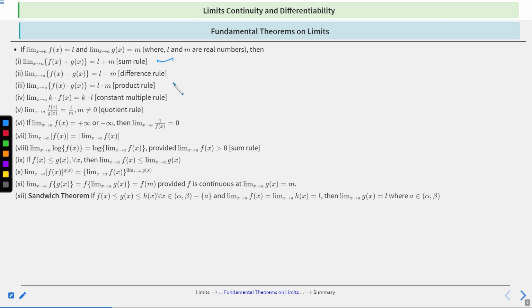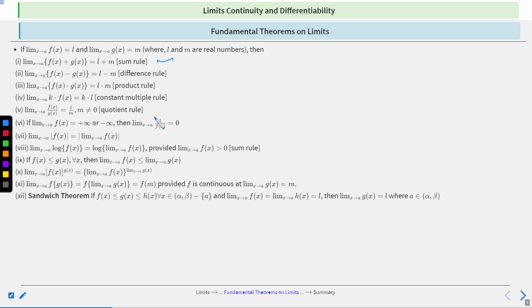Third is limit f(x) into g(x) is equal to L into m, which is called the product rule. Fourth is limit k into f(x) is equal to k into L, the constant multiple rule, right? Next is limit f(x) upon g(x) is equal to L upon m, and m not equal to 0, which is called the quotient rule.